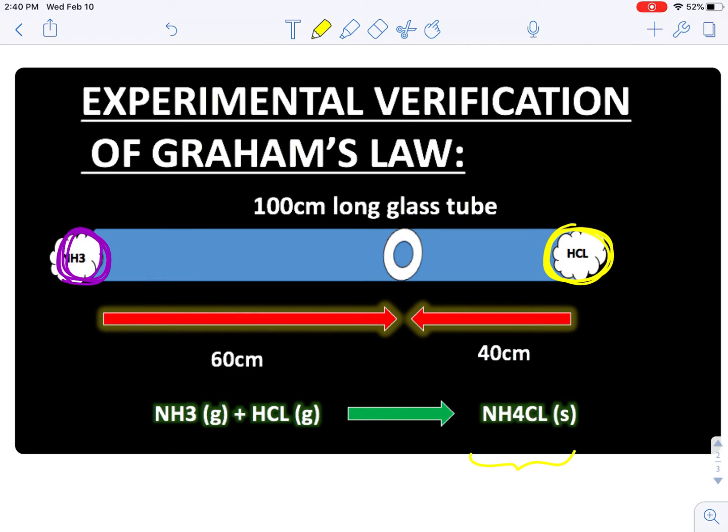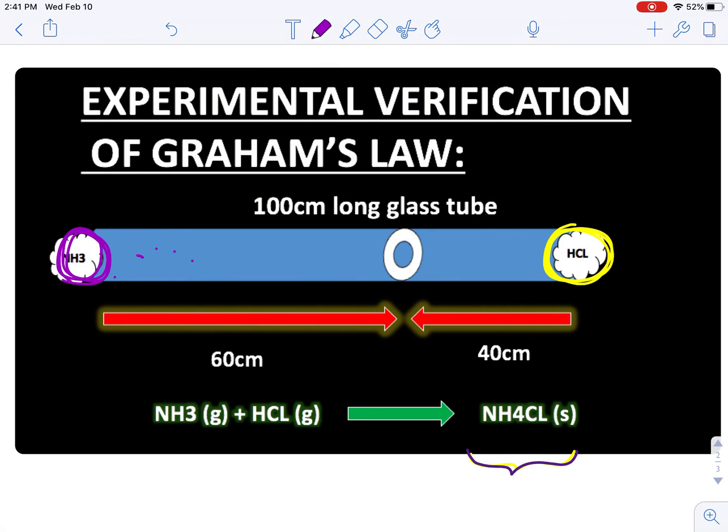The cool thing about these two gases is that when these molecules collide, they are able to form a precipitate, ammonium chloride. So a cotton ball drenched with each of the separate reactants, two cotton balls, one with each of the different reactants, were plugging the openings of a long glass tube.